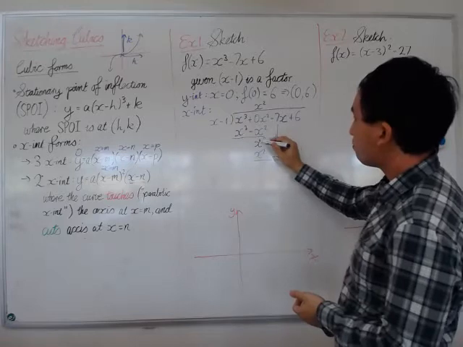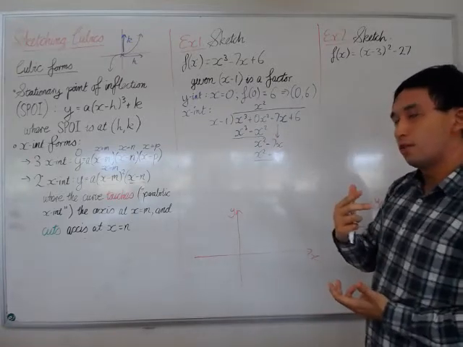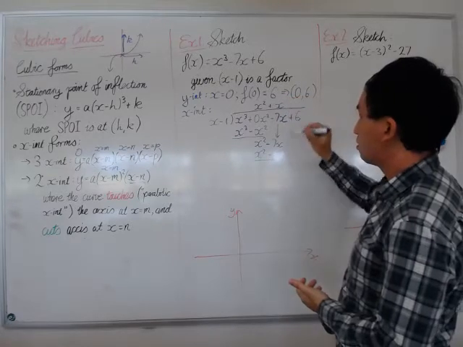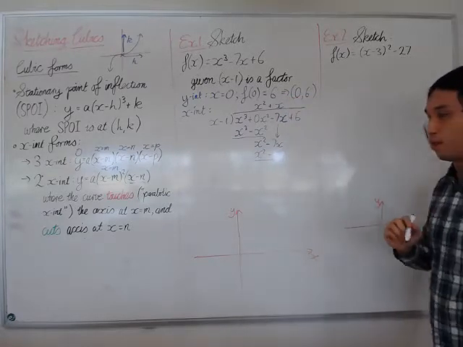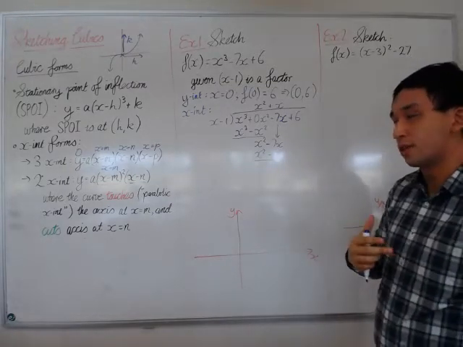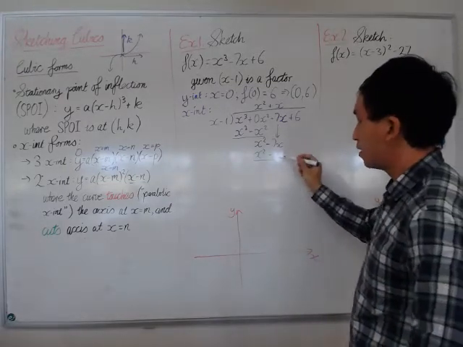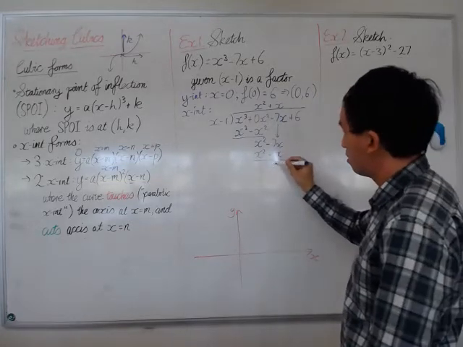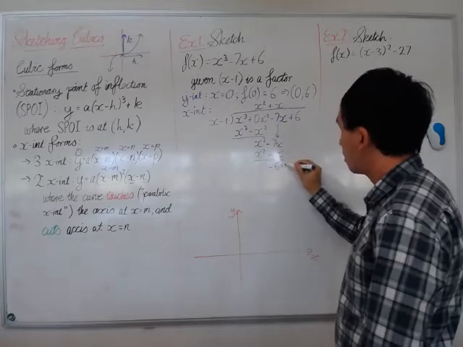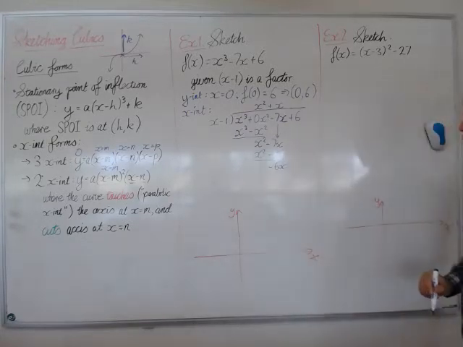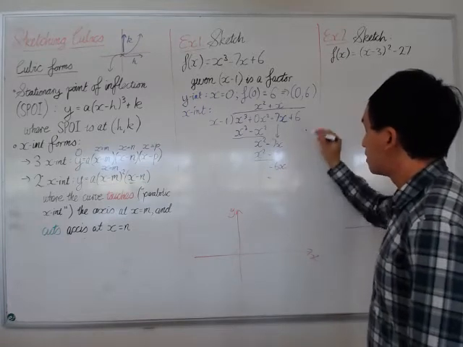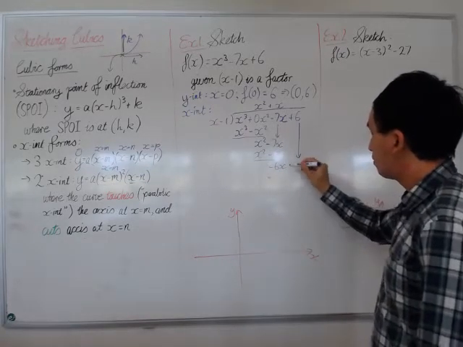And since it only goes into x squared once, it says plus 1x over here. Okay, so we've got to do our subtraction again. So negative 7x minus negative x gives us negative 6x.